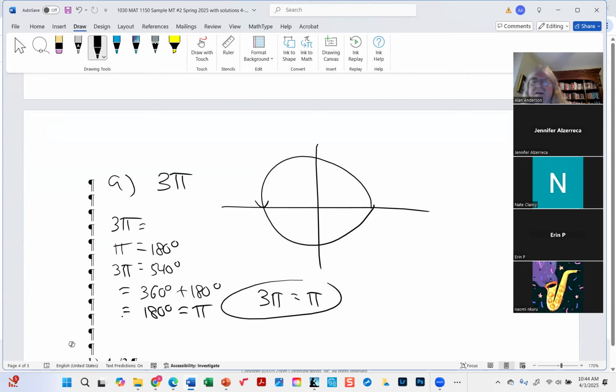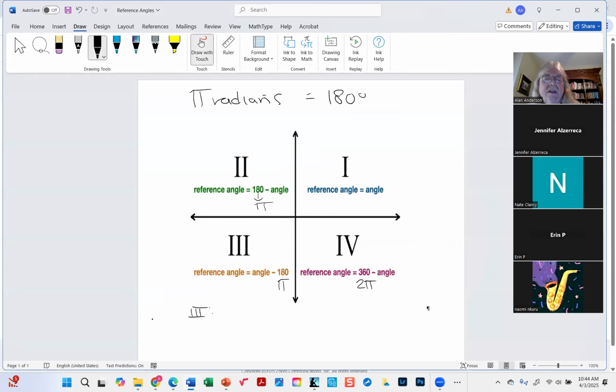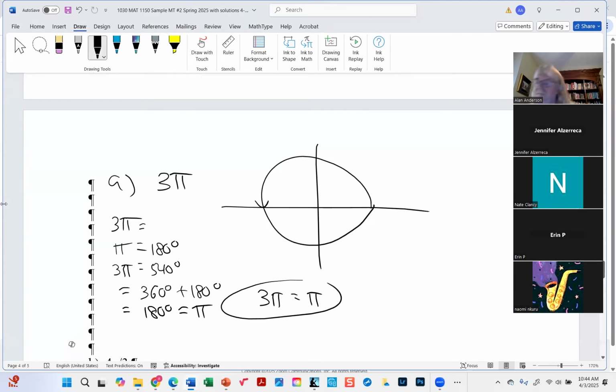the reference angle in this quadrant, if you're thinking in terms of radians, is pi minus angle. Zero. Okay. So as long as we're actually on the horizontal axis, the reference angle is just 0.